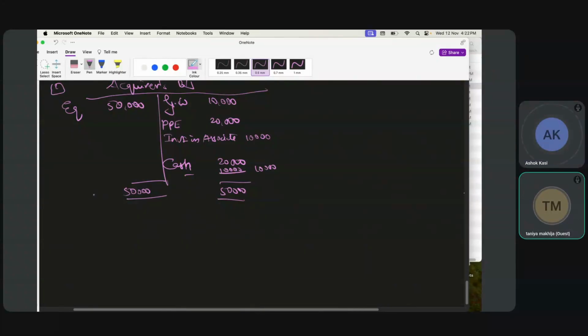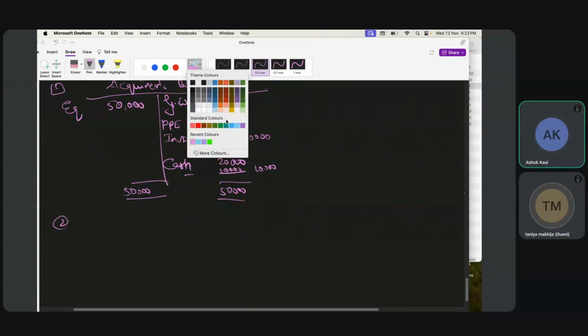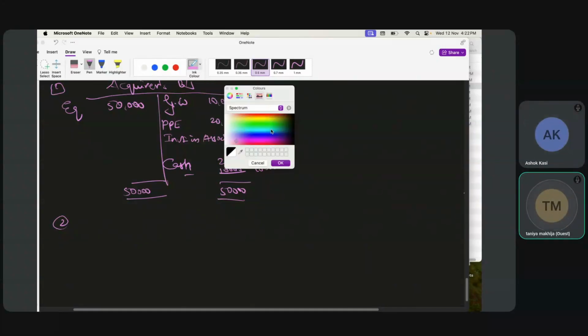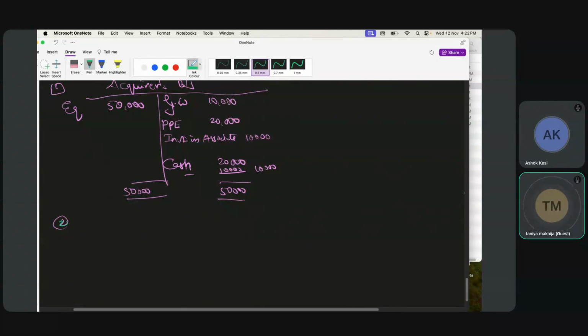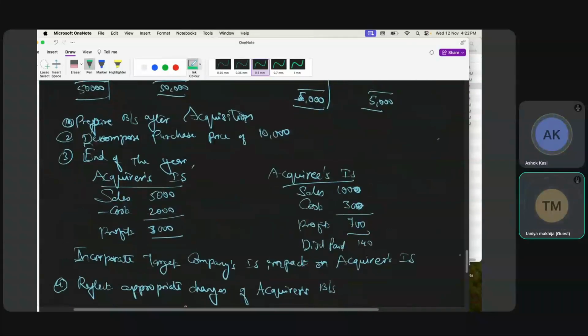Now the second one: take up this purchase price. Decompose the purchase price of 10,000.